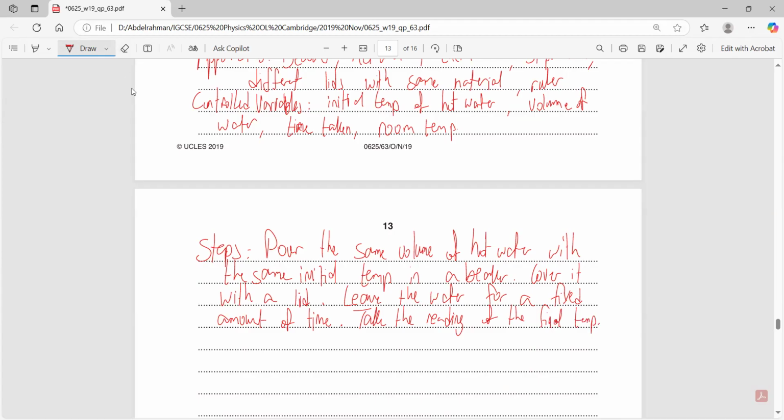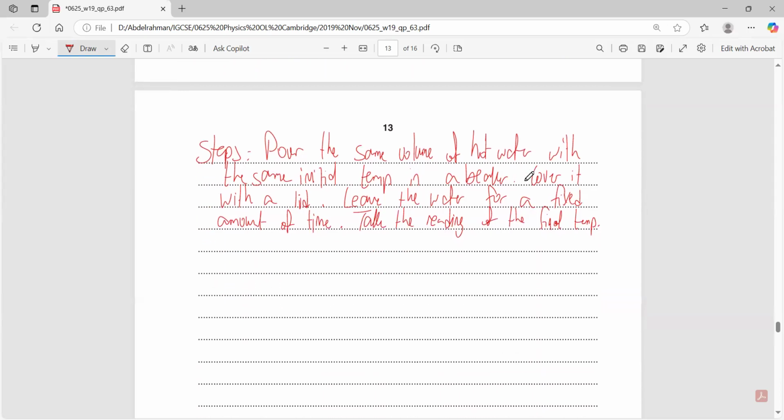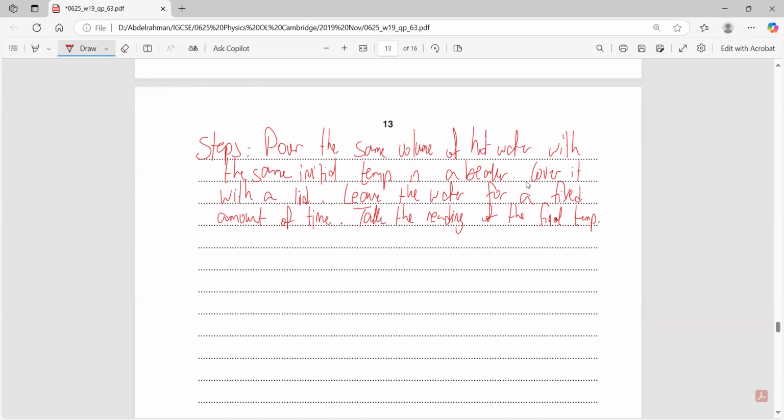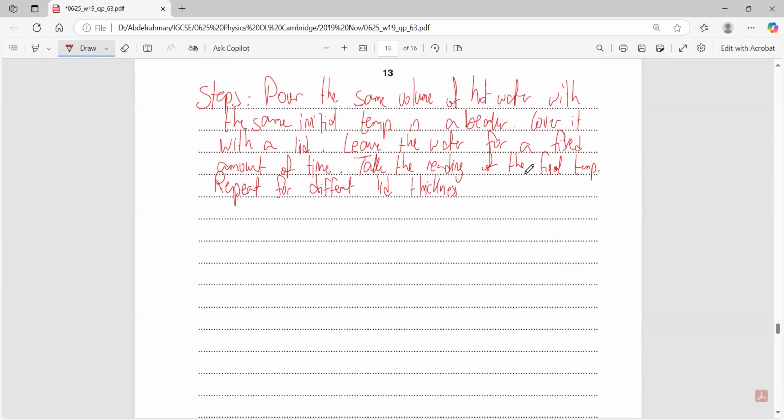That's it. That's all you need to do. And then repeat for different lids, right? Repeat for different lid thicknesses. These are the steps.